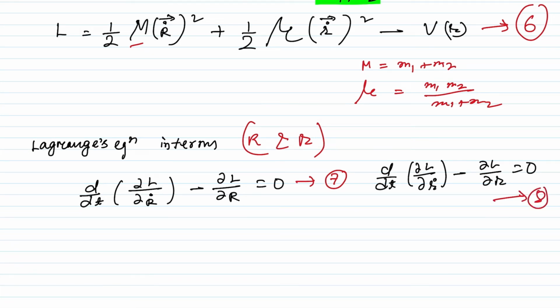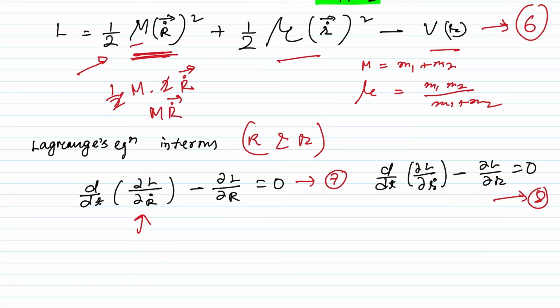Now from here you can see, if you find del L by del capital R dot, this is the only function of R dot, and the remaining terms will be 0. If you find the derivative of this, you will get half capital M times 2 R dot, and these two cancel, you will get M R dot.